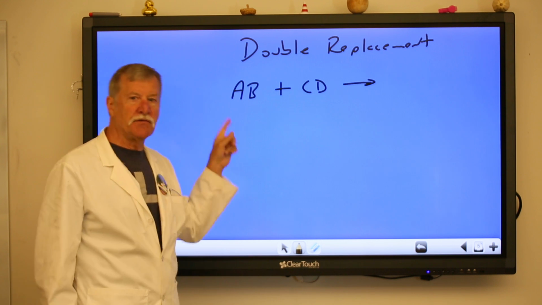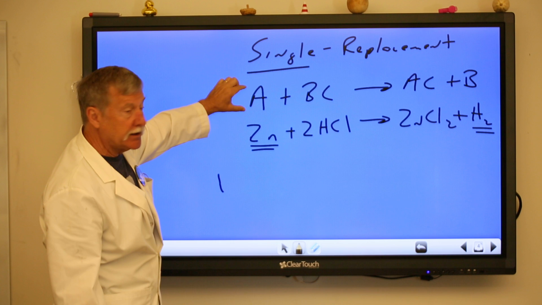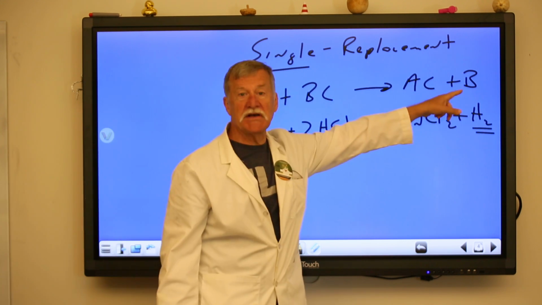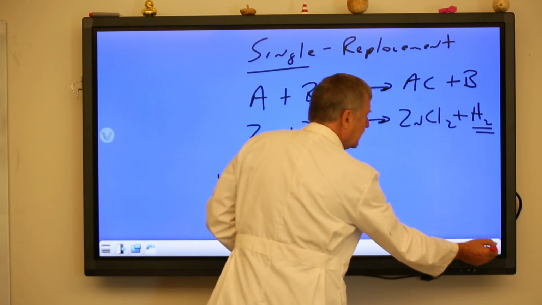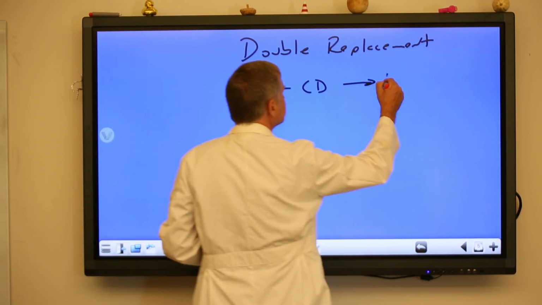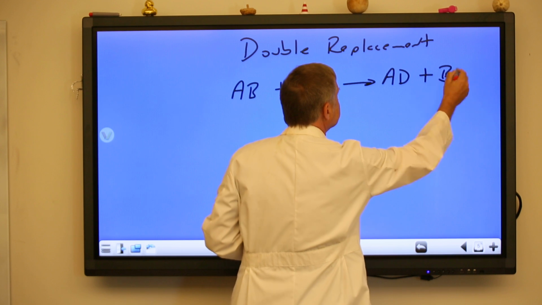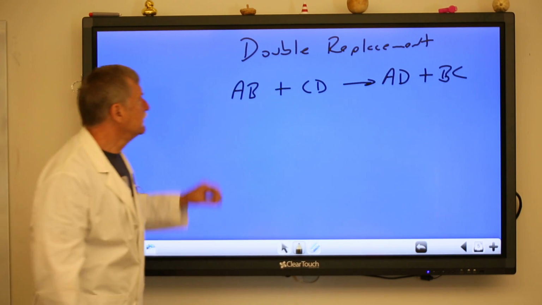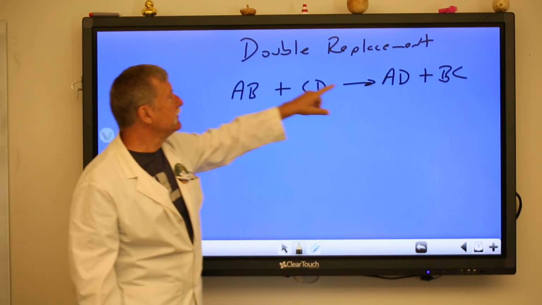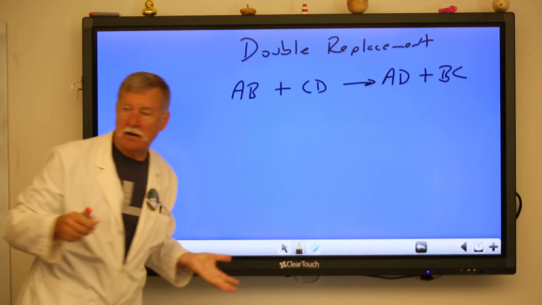That's how you tell a single from a double, all right? Remember here, you've got a single thing, and that yields another single thing. Here, we're starting with a double thing and we're just switching it so that A goes with D and B goes with C. Double, double yields double, double, except there's been a switch, all right?